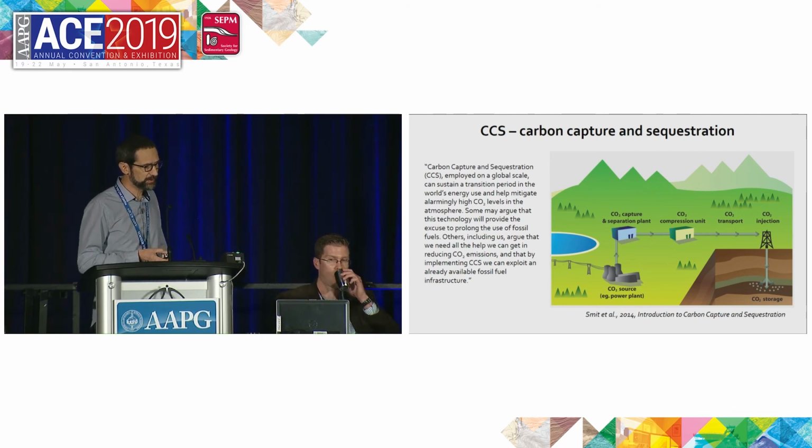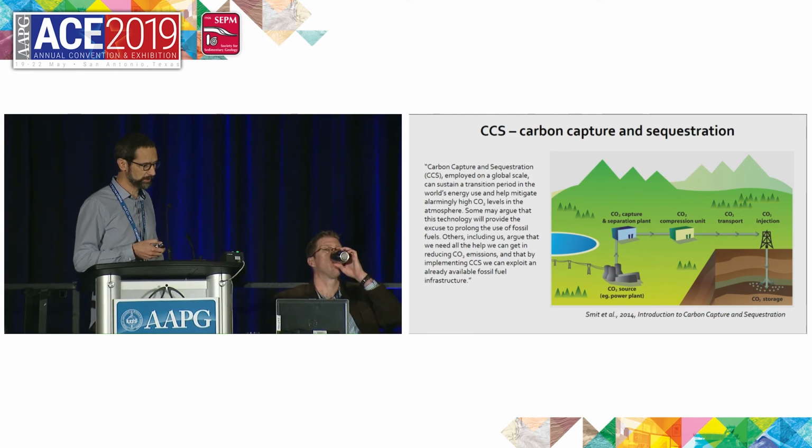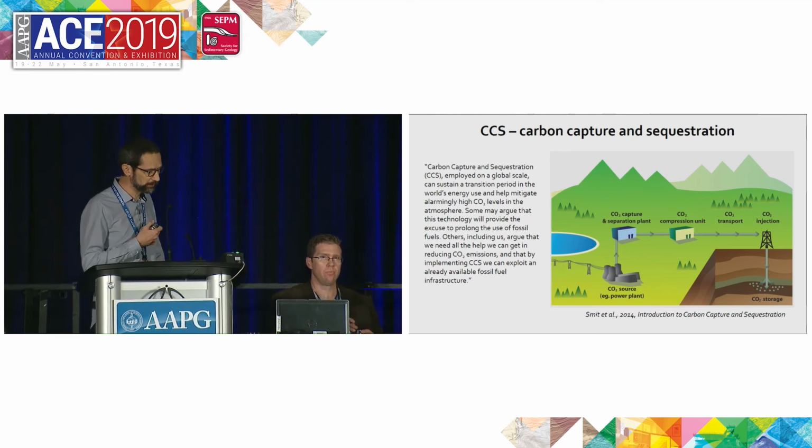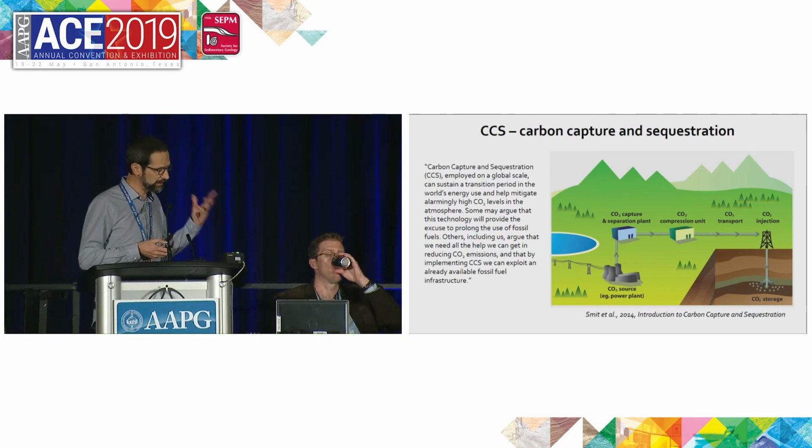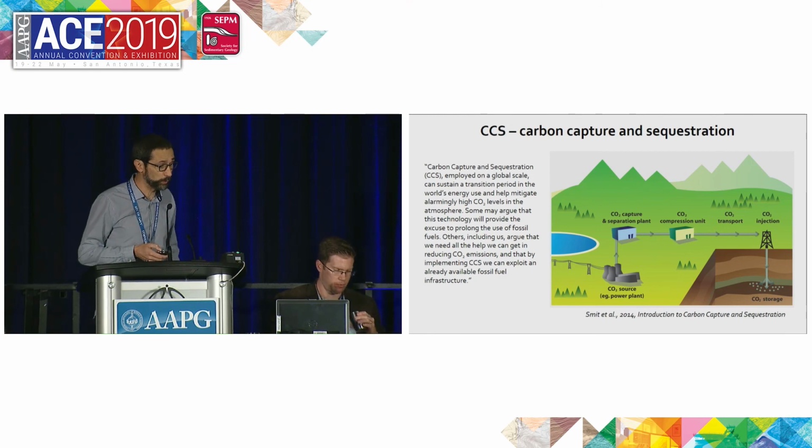Some may argue that this technology will provide the excuse to prolong the use of fossil fuels. Others, including us, argue that we need all the help we can get in reducing CO2 emissions, and that by implementing CCS, we can exploit an already available fossil fuel infrastructure.